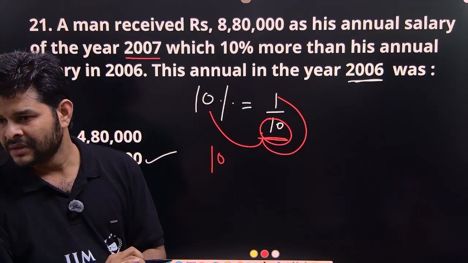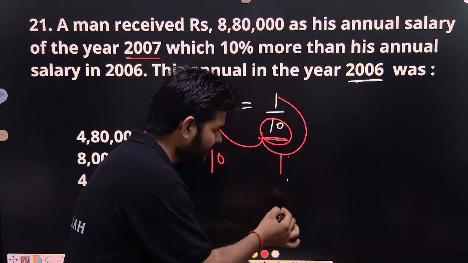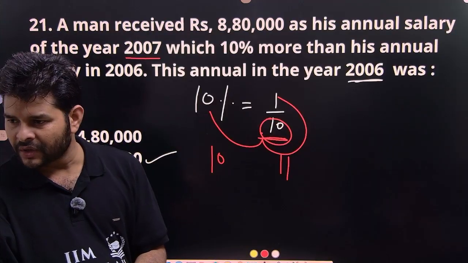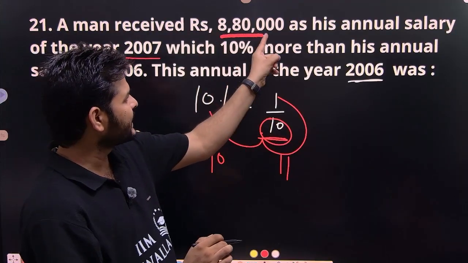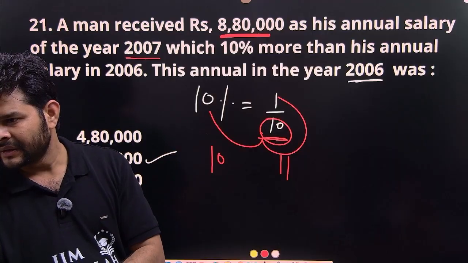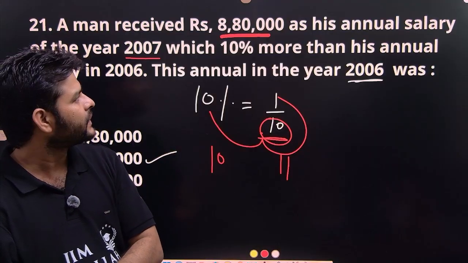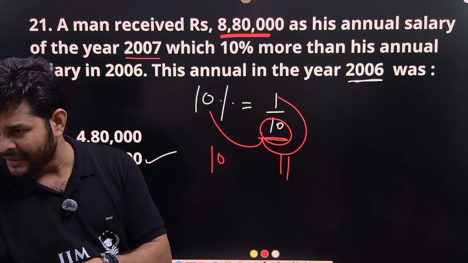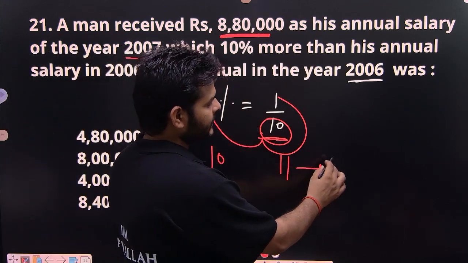Now in present time he is making 11 unit, and the question says in present time he is making 8,80,000. That means 11 unit is representing the current salary of 8,80,000.